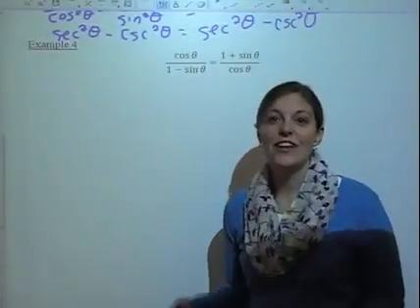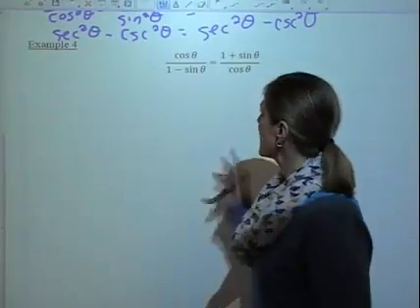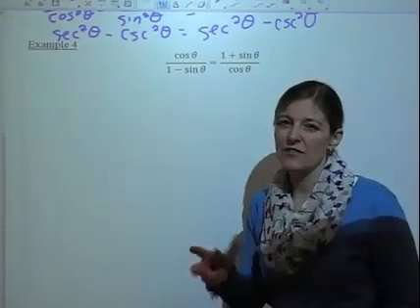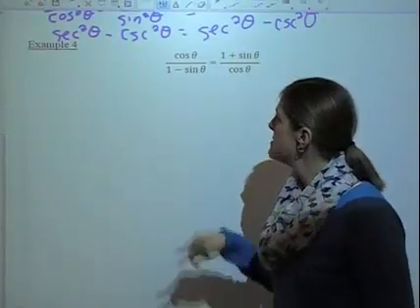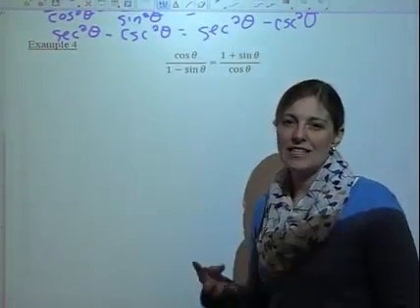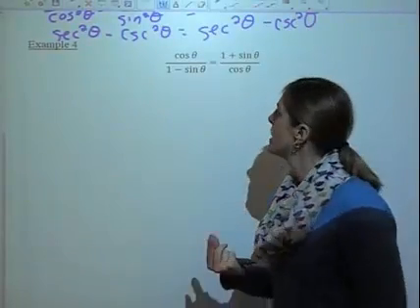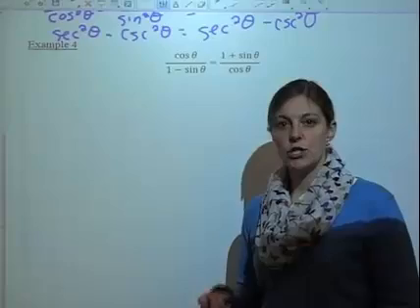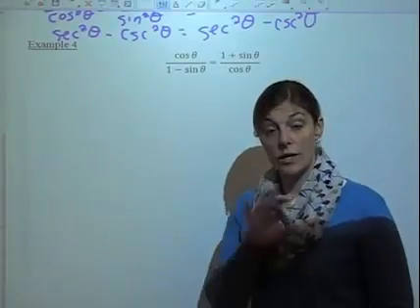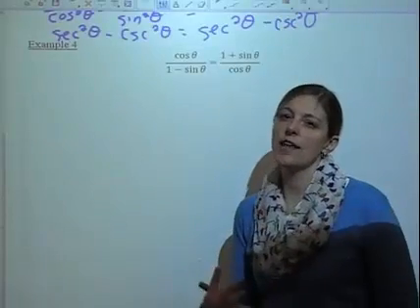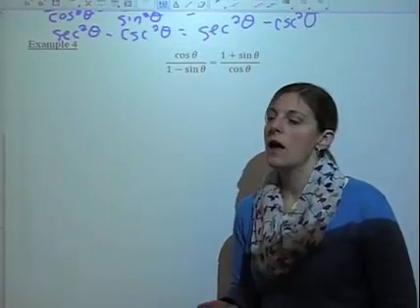All right, so let's take a look at example number 4. Now, in this case, you could work either side. They're both kind of equally complex. But let's take a look at the left-hand side because it has a denominator that has a sum in there. So remember back to Algebra 2 when we dealt with radicals, and we had something similar to this, and we were trying to get rid of the middle term.